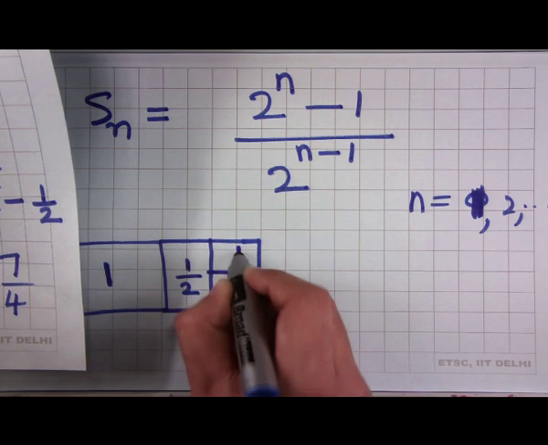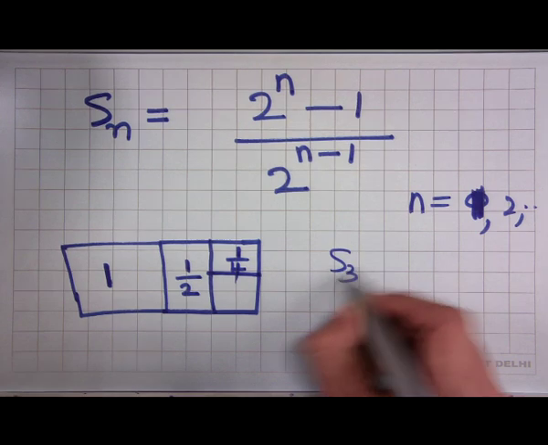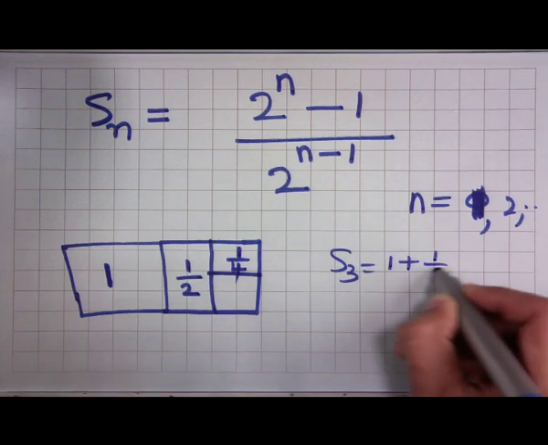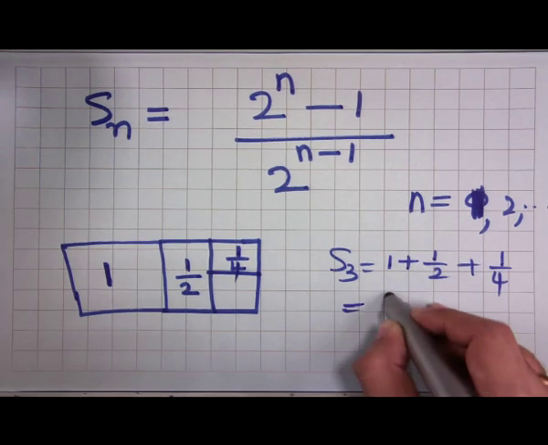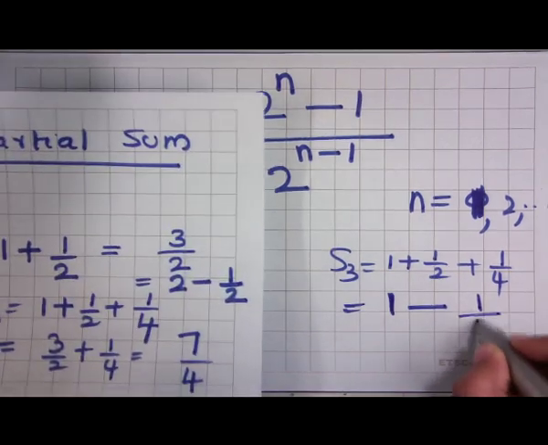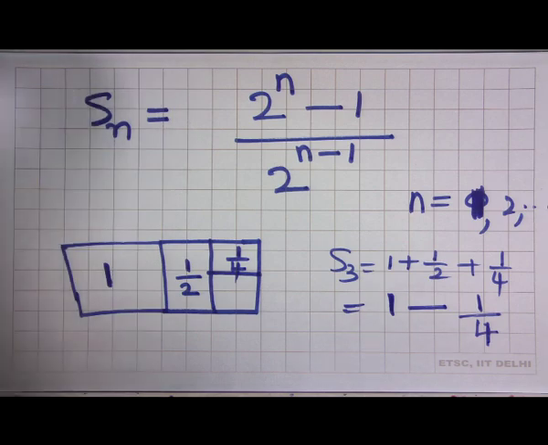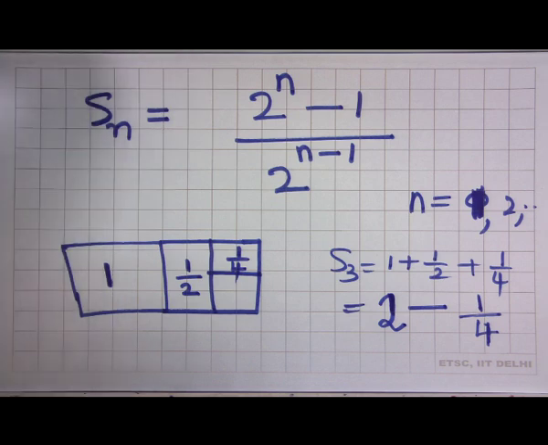This is 1 by 4. So, S3 is 1 plus half plus 1 by 4, which is actually total area minus 1 by 4. Total area is 2 minus 1 by 4. This portion is missing.